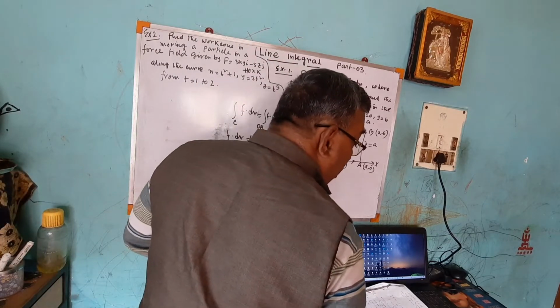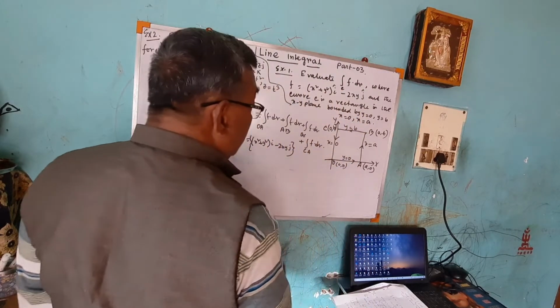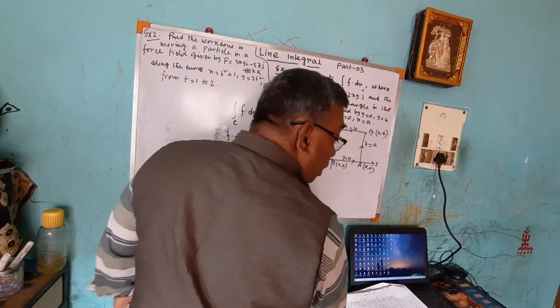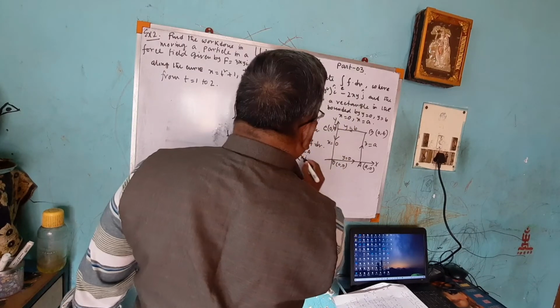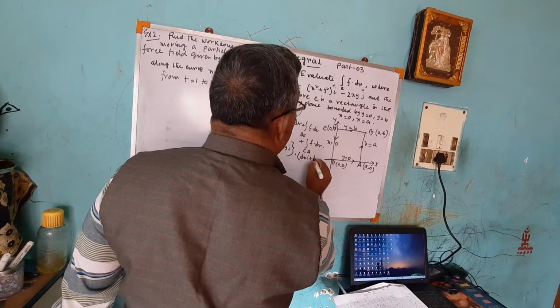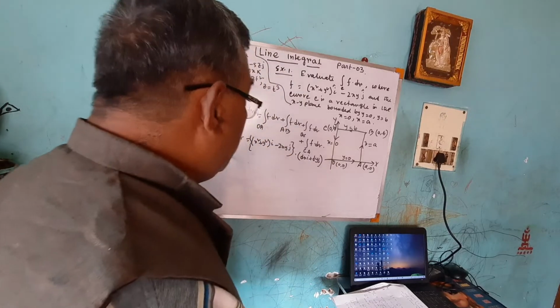What is dr? dr is dx i plus dy j. No k is there, so I am not taking any k.